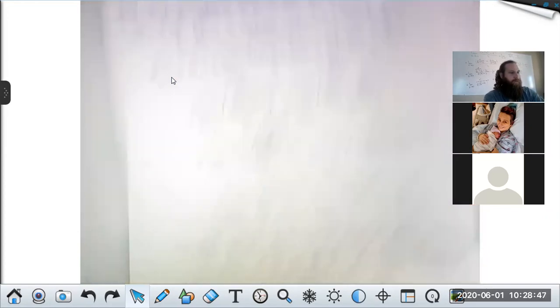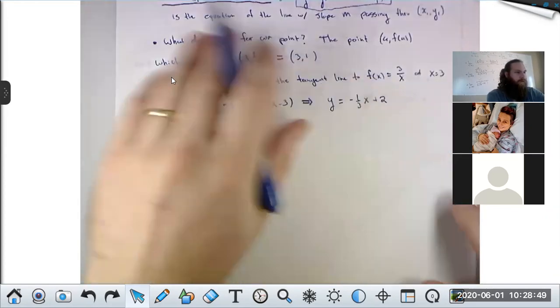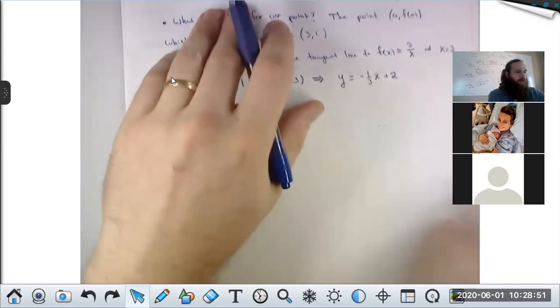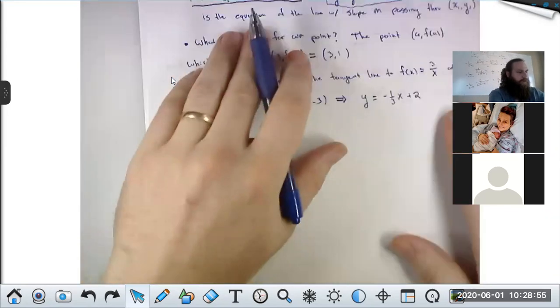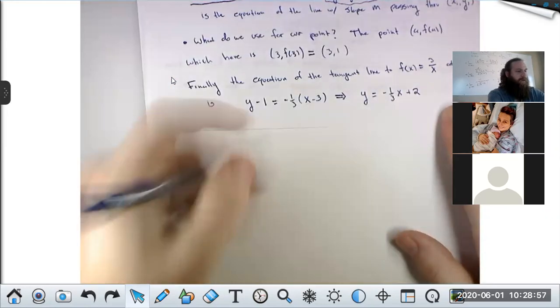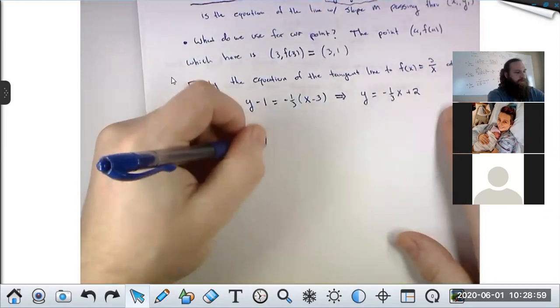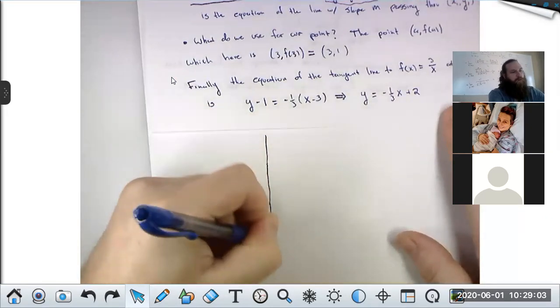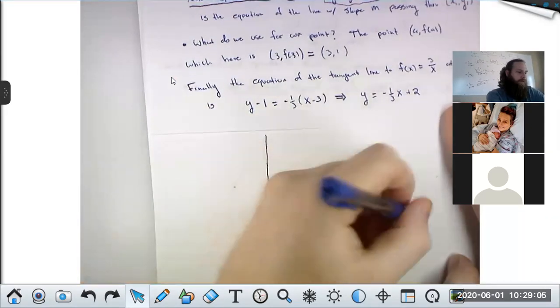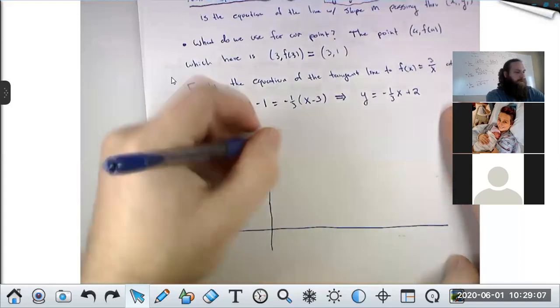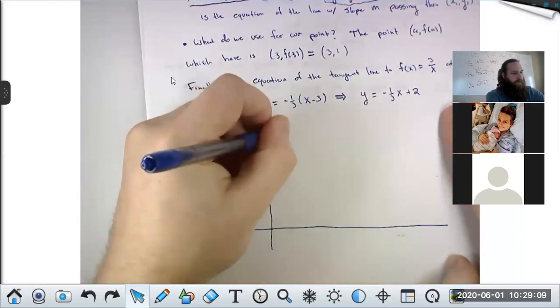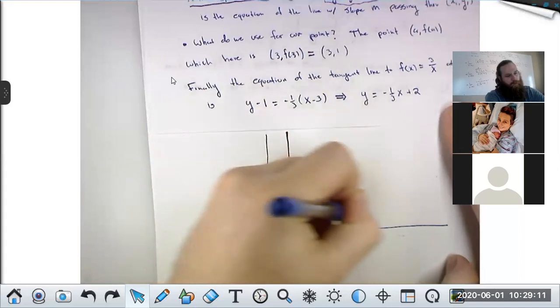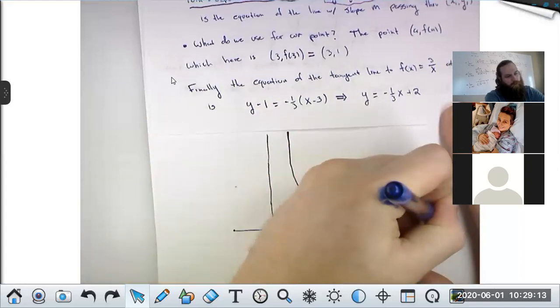Cool. All right. So I will do my best here to sketch a graph of this function for you guys. 3 over x looks a lot like 1 over x. It's just been scaled up by a factor of 3. So it kind of looks like this.